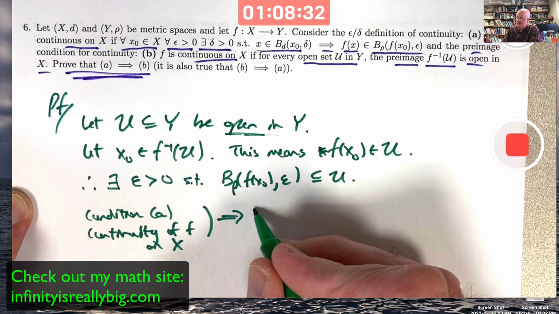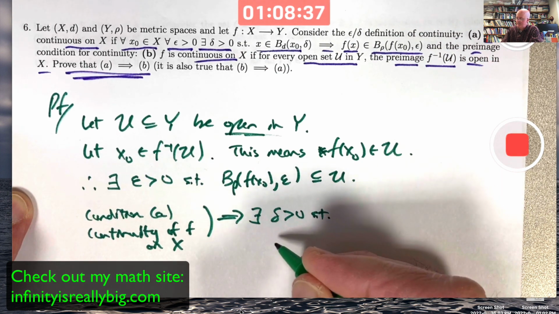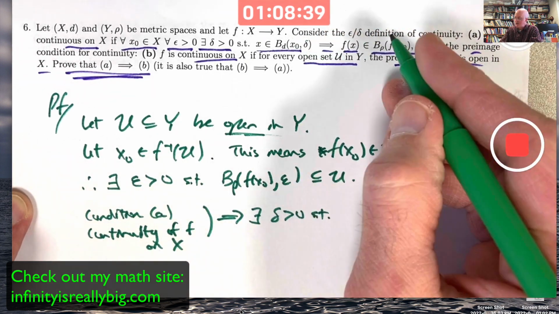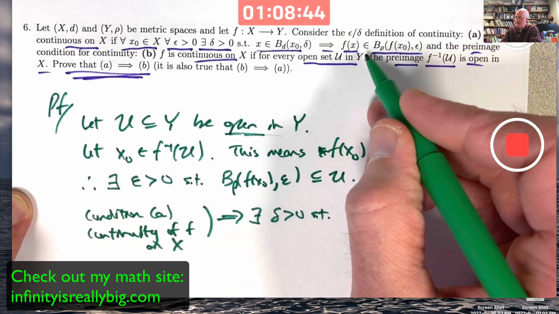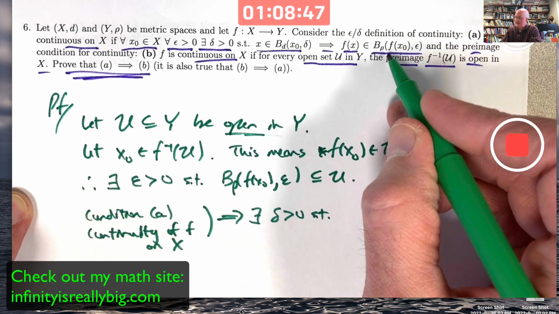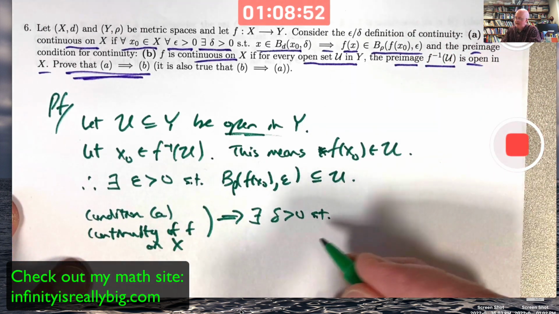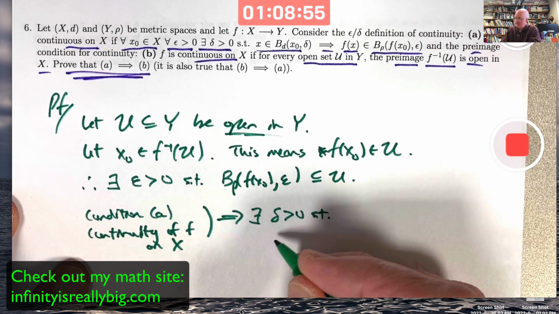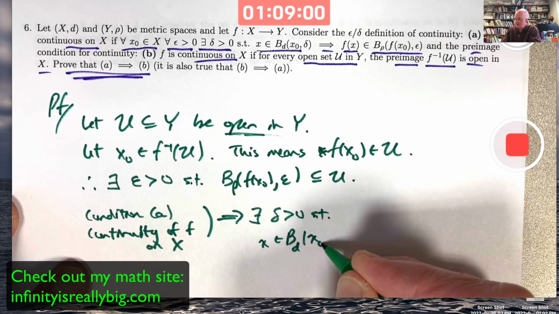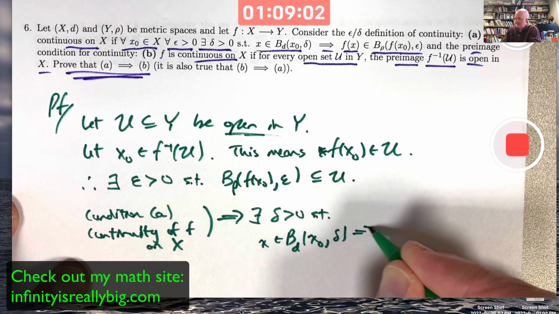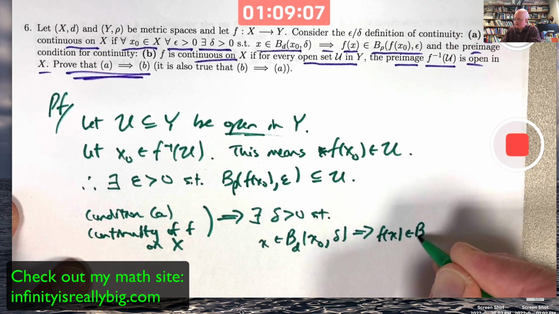Think about condition A. It means there exists a delta greater than 0 such that this implication holds for any point in the open ball of radius delta centered at x0. f of x will be in this open ball. So we can just go ahead and write that down. x being in this open ball implies f of x is in this open ball.